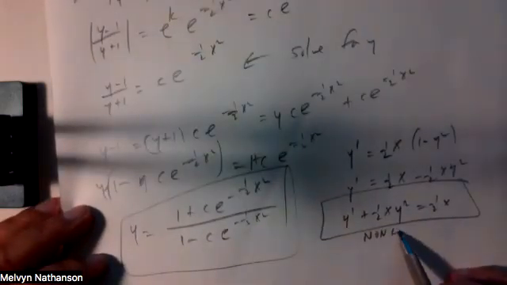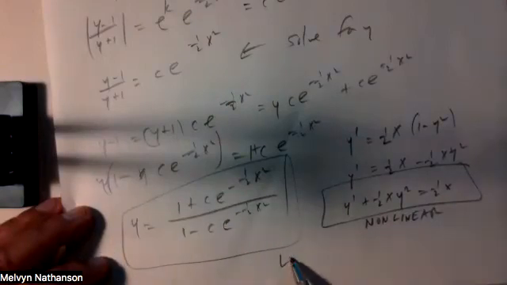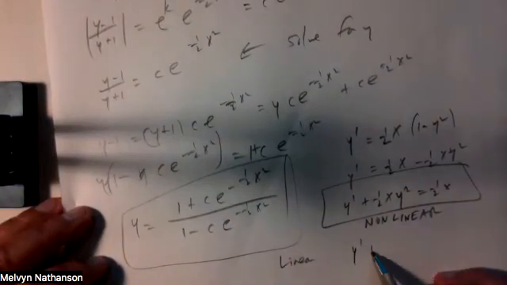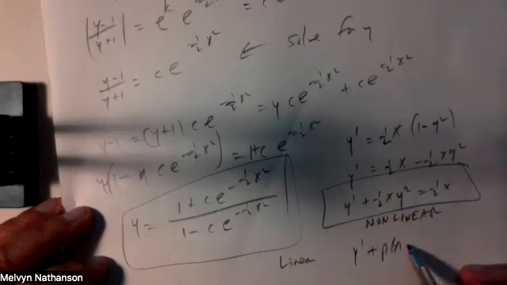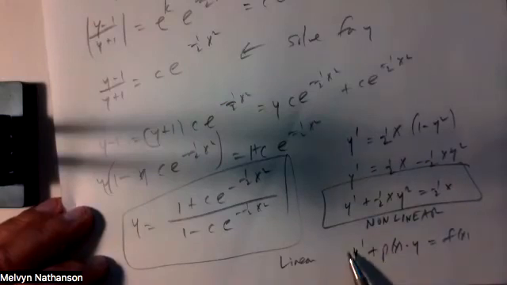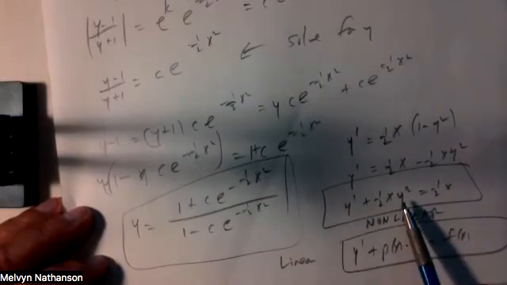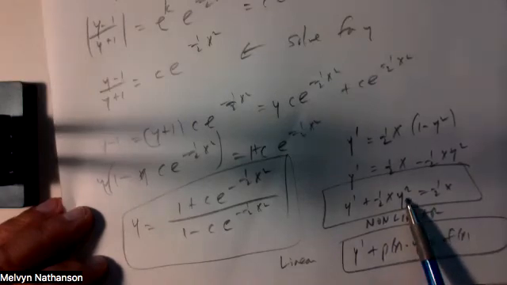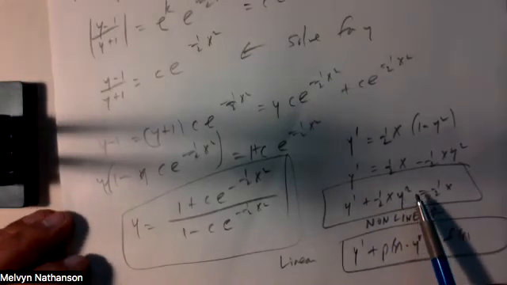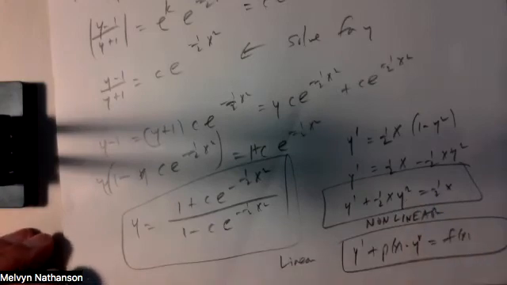This equation is nonlinear. Remember, a linear equation of the first order is of the form y prime plus a function of x times y equals some function of x, and y occurs to the first power. In this equation, y doesn't occur to the first power, it occurs to the second power. So this is a nonlinear equation.